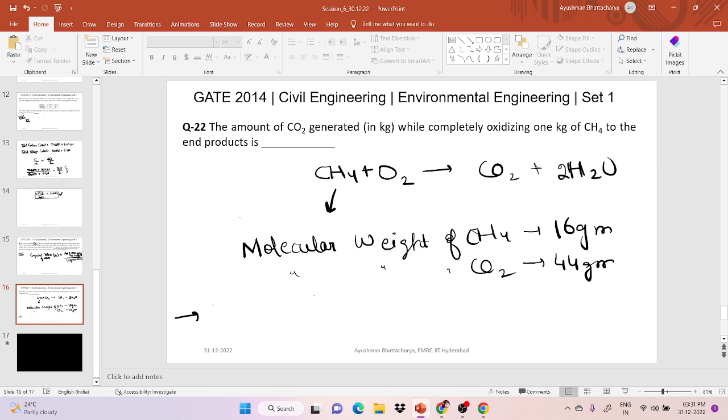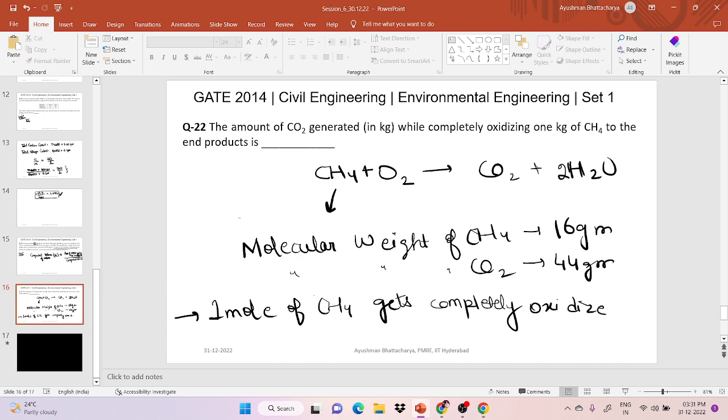So you can write 1 mole of CH4 gets completely oxidized and forms 1 mole of CO2. Okay, so we can say it this way also.